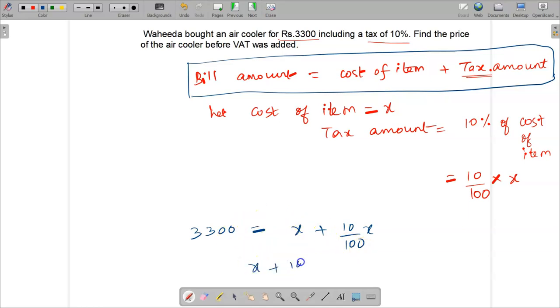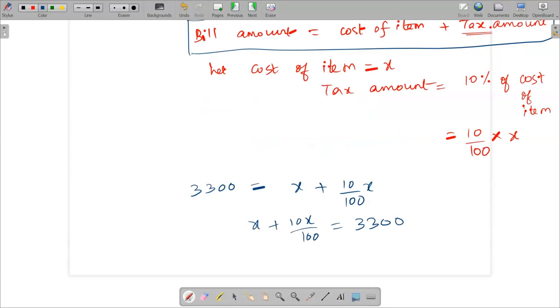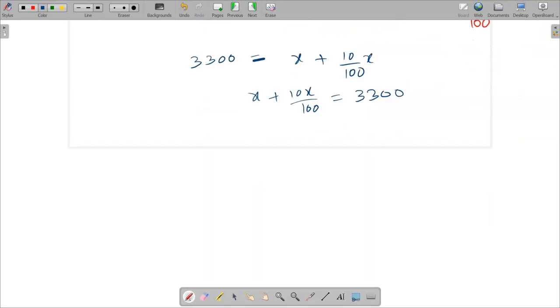So x plus 10x by 100 is equal to 3300. The equation is the same, because I am going to find the x value.